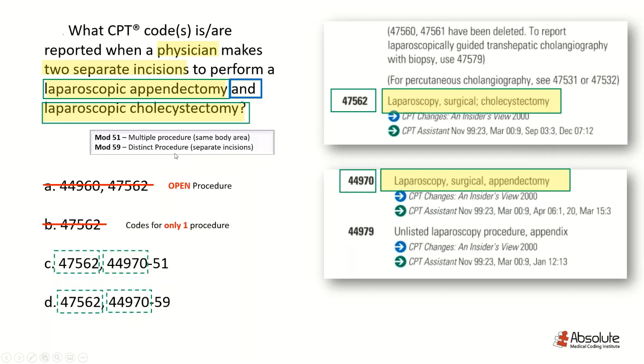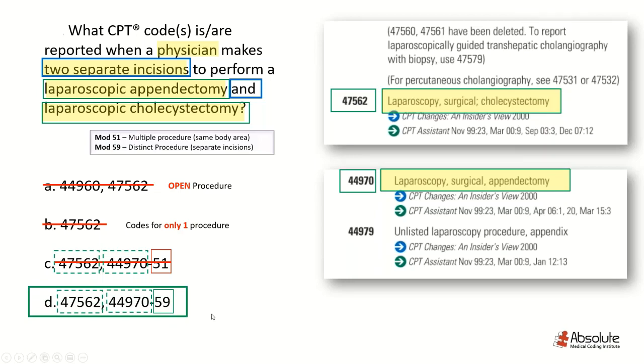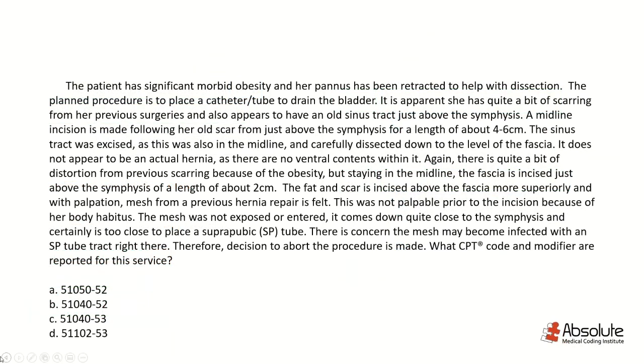We have two distinct procedures, two separate incisions. So that's why you would go with the 59 modifier, not the 51. We do have multiple procedures, but it's not the same body area. So this is why D with that 59 modifier would be correct.